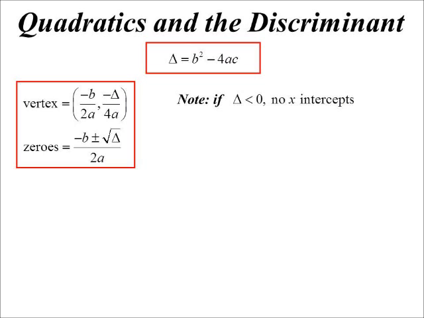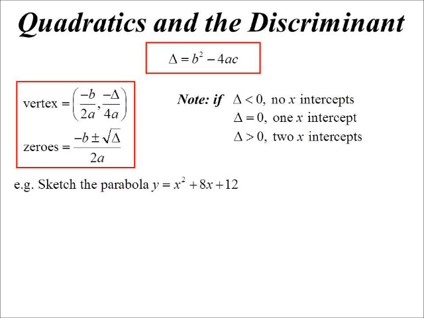Or if I'm trying to factorise it, we know it can't be factorised, because I wouldn't have got any solutions. If it turned out to be equal to 0, then I know there's just one x-intercept. That means it's a perfect square, because it's just going to come down and touch the x-axis rather than cut it. And if it's greater than 0, then we know there will be two solutions. It can be factorised, and we'll get two x-intercepts.